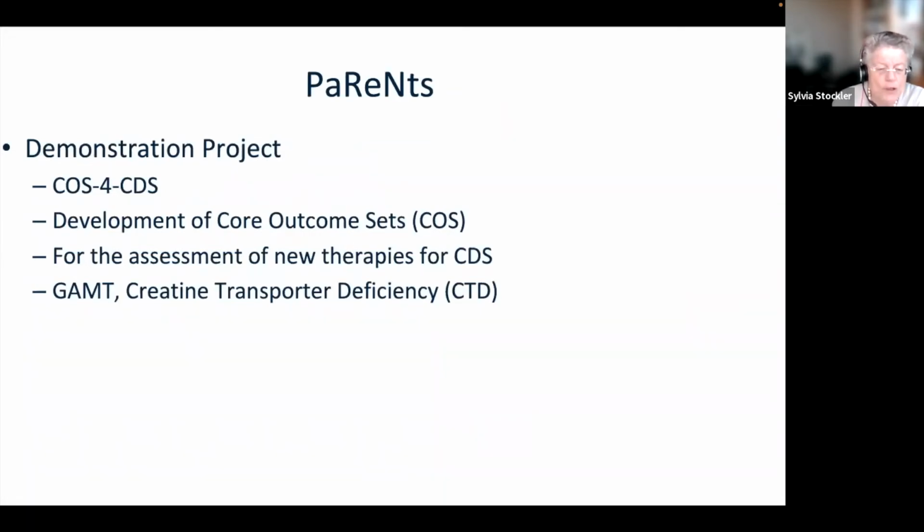And at this point, we're focusing on two creatine deficiency syndromes, namely GAMP and creatine transporter deficiency. We have not looked into AGAT deficiency because I think there are almost no patients available, and we know very little about this disease.